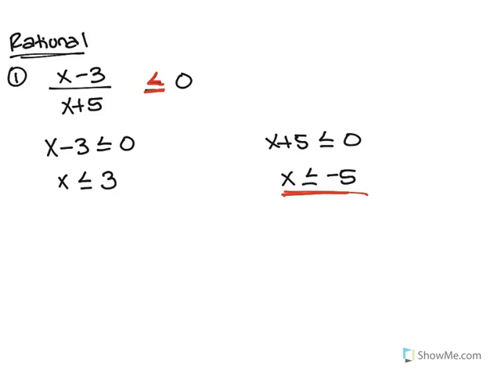Now, when you go to actually do your number line and write your interval, you have to remember the responsibility is given back to y'all, that x can't equal -5. It can be less than it, but it can't equal -5. So you're going to have to make this one a less than sign.